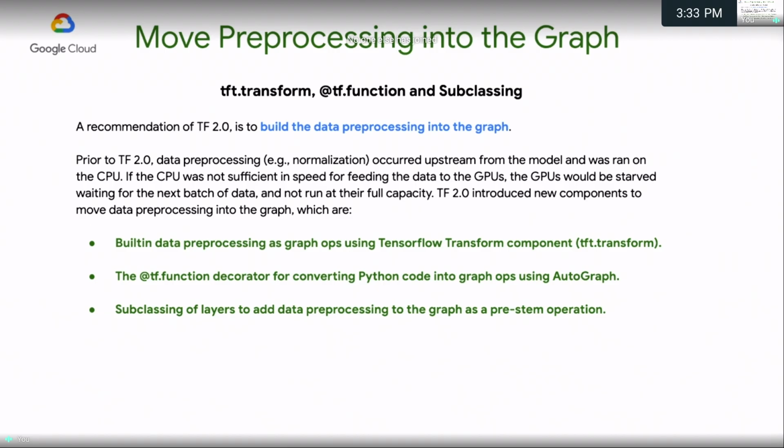We built in prefetch, assuming you had a multi-core CPU, so that you're using multiple cores getting the next batch preprocessed. But still, as you scaled up on a single instance and added more GPUs, sooner or later you would end up starving your GPUs.